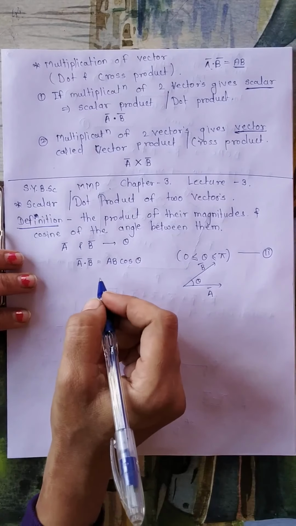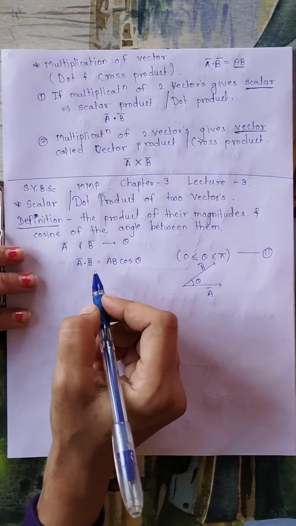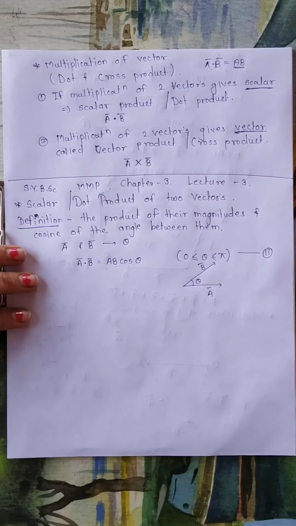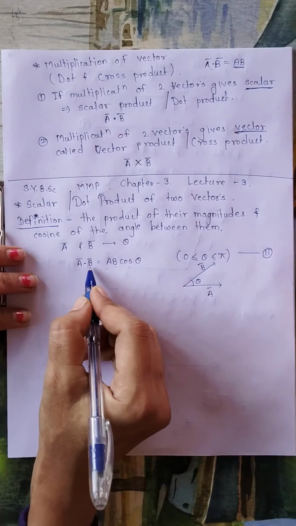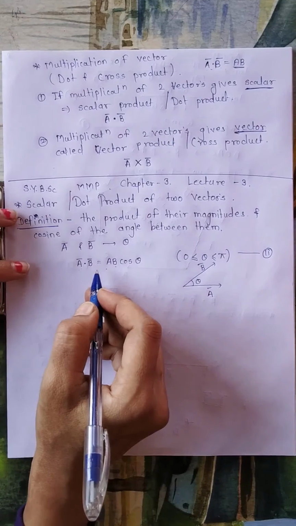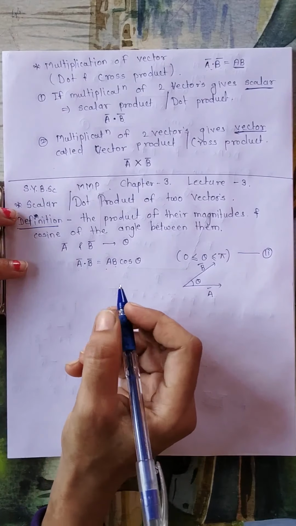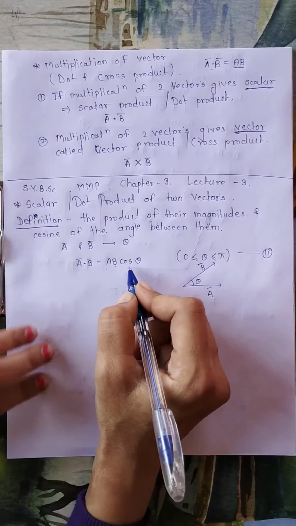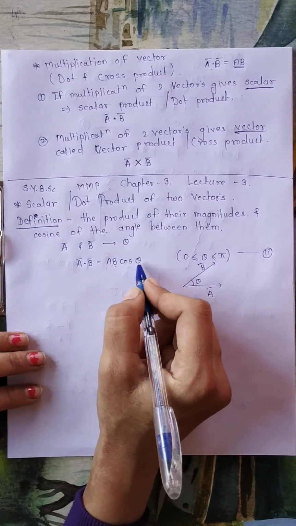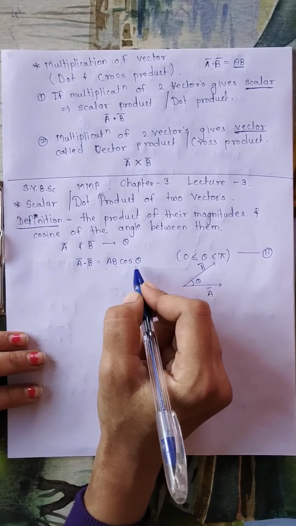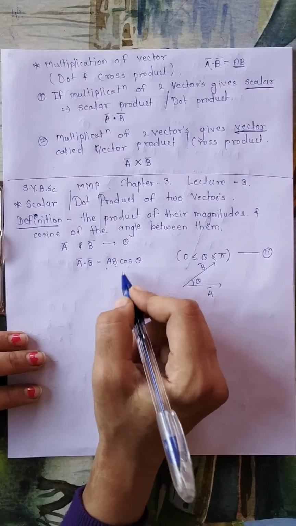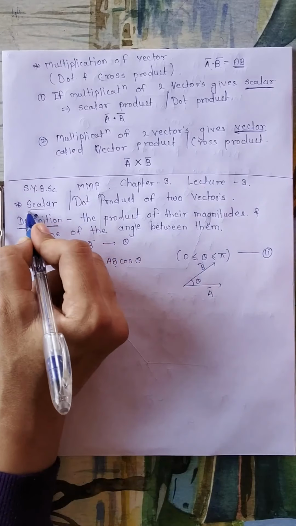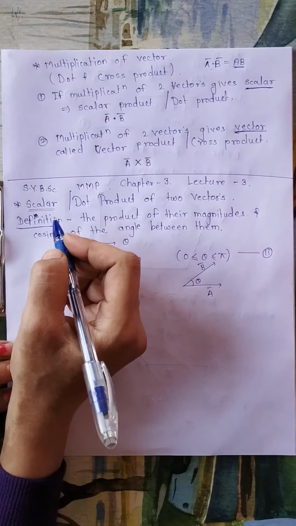So this dot product is given by ab cos theta, where a and b are the magnitudes of a bar and b bar respectively, and theta is the angle between them. Since a and b are scalar quantities and cos theta is also a number, that is, also a scalar, this whole product comes out to be a scalar. Therefore this product is also known as the scalar product.